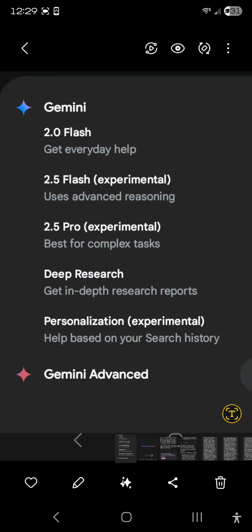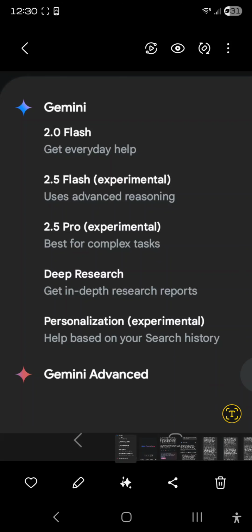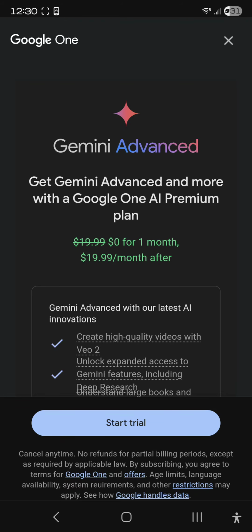You can even click down here on the Gemini Advanced link, and it'll tell you the pricing, so you can figure that one out. I might see if I can show you that. Hold on. So here is the upgrade plan.